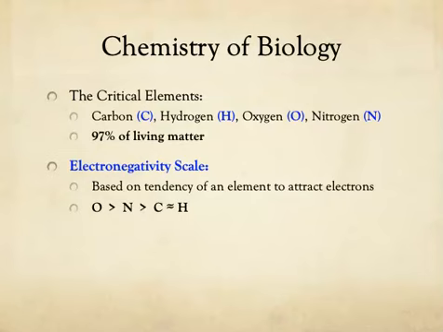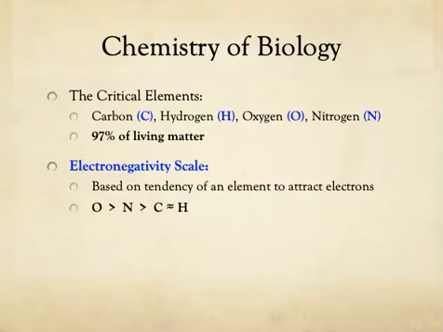Now, we compare those 4 elements to each other on what's referred to as the electronegativity scale, because it's going to tell us how those atoms tend to behave inside of a molecule. Now, the electronegativity scale is based upon the tendency of these elements to attract electrons to themselves.